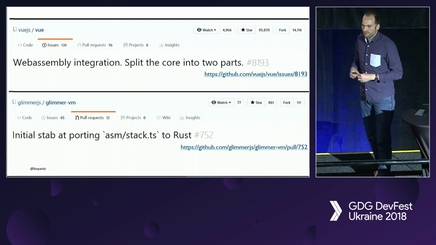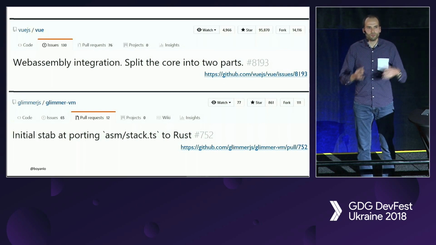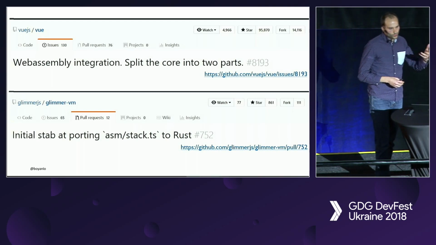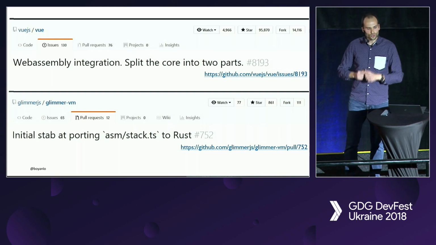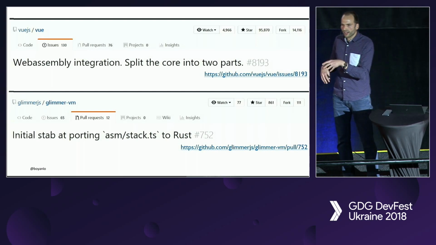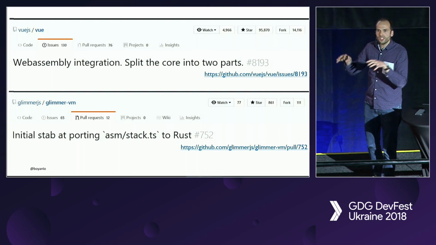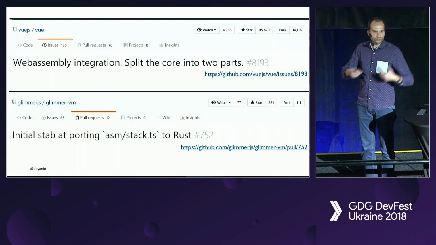And these frameworks already started looking into how WebAssembly could benefit them. Vue.js and Ember.js started rewriting parts of their core in Rust and compiling this to WebAssembly in order to boost the performance when compiling and doing different kinds of optimizations. So there are situations where you can really benefit from WebAssembly, and you have to find these scenarios. You need to experiment.